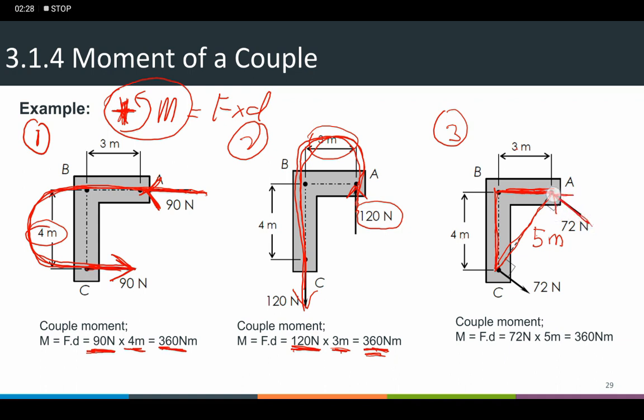A to C. Also counterclockwise. Counterclockwise moment is always positive. So, 72 Newton positive multiplied by 5 meter. A to C is 5 meter. So, you can get 360 Newton meter.